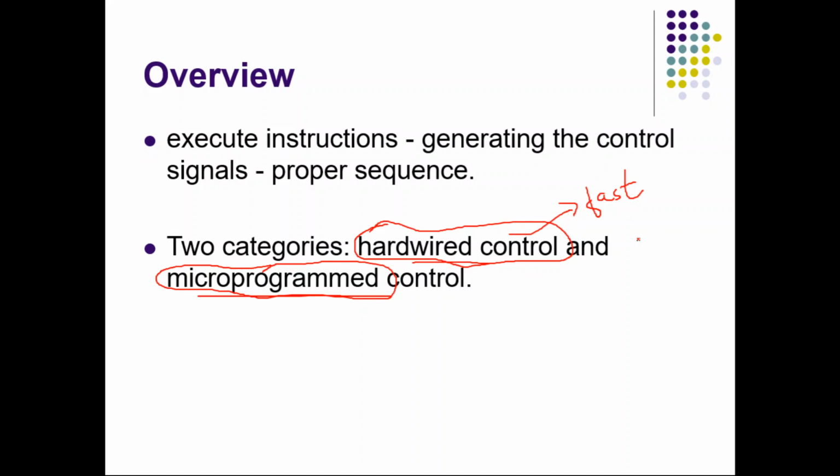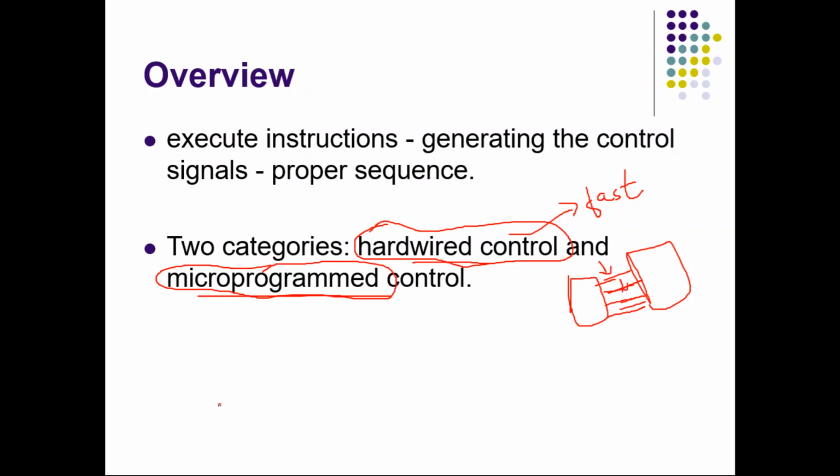You cannot include all kinds of flexibility in hardwired control. The flexibility is limited because when you connect two units with certain wires, these two devices can communicate only these signals. They cannot send some other different signals.